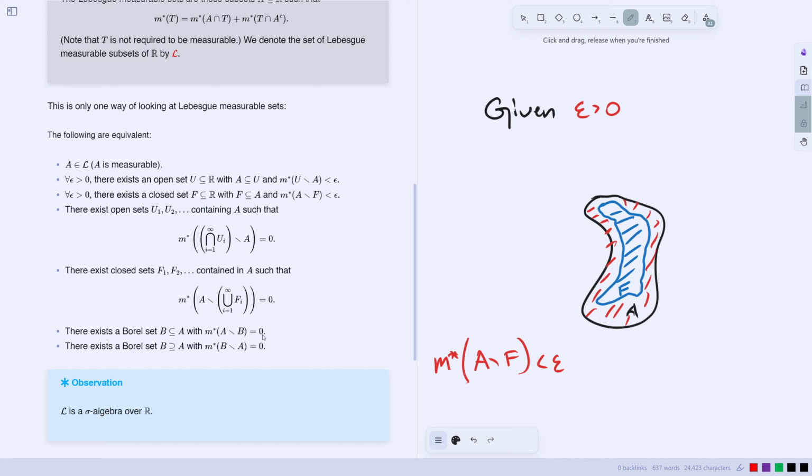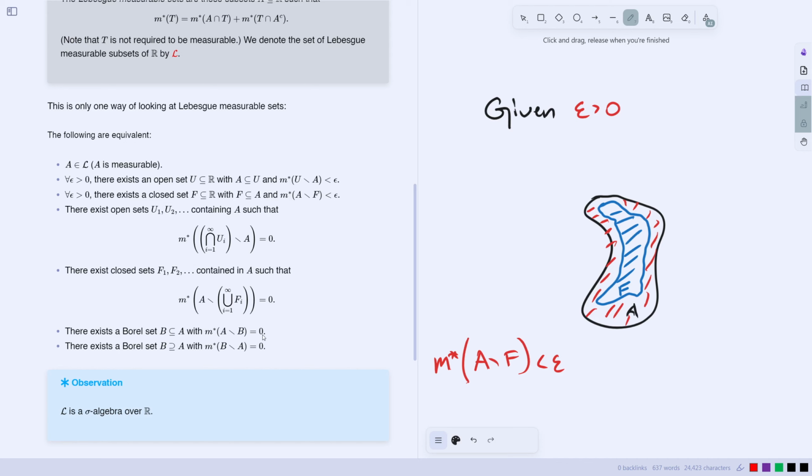And you'll notice it follows immediately from this, and this is something to write down, that all Borel sets are Lebesgue measurable. So we know that this set of Lebesgue measurable sets is huge, right? Just because we have Borel sets, we've got open sets, closed sets, compact sets, all that stuff. So we don't really lose a lot of useful stuff when we restrict ourselves to the Lebesgue measurable sets.